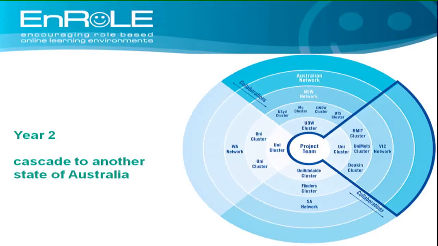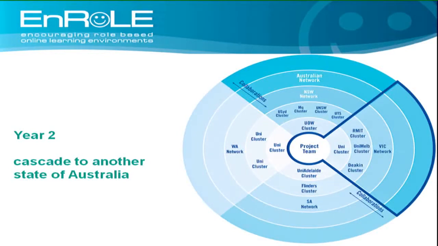So we cascaded to another state. We found a university who took the lead. It was to be University of Melbourne. In the end it moved to La Trobe University as the lead, and RMIT jointly leading it. But anyway, this was the plan: they worked on their university clusters, took what they'd learnt from us, and we helped them build a Victorian network, a state network.